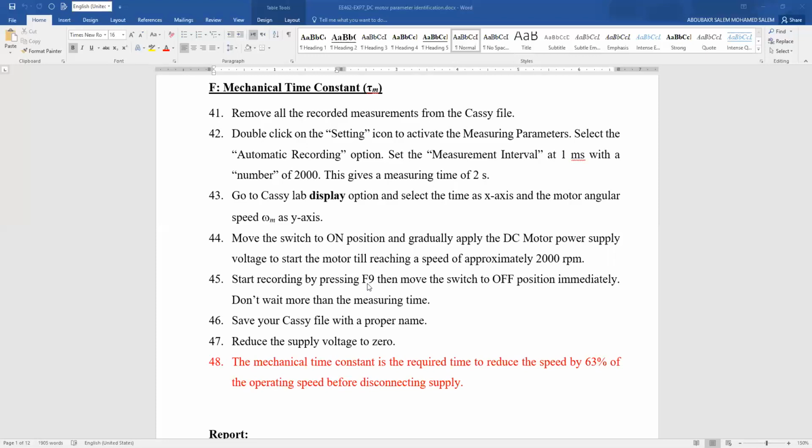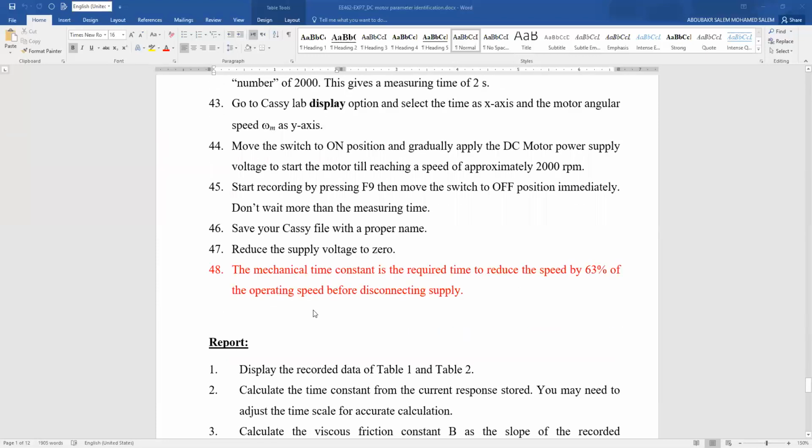Why? Because we need to record the machine speed while it's decreasing from 2,000 RPM up to reaching 0.